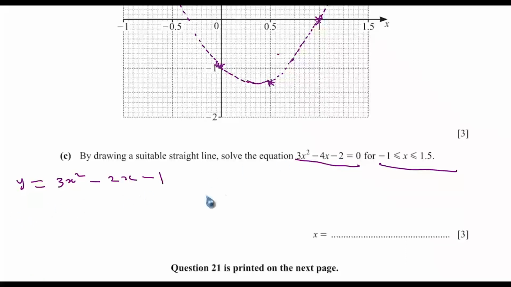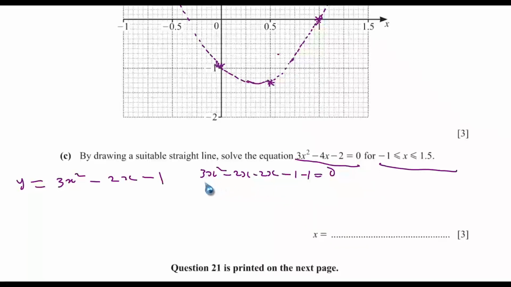So we have 3x squared minus 2x minus 2x, that is minus 4x, then minus 2 will be minus 1, equals 0. We'll try to get 3x squared minus 2x minus 1 here.